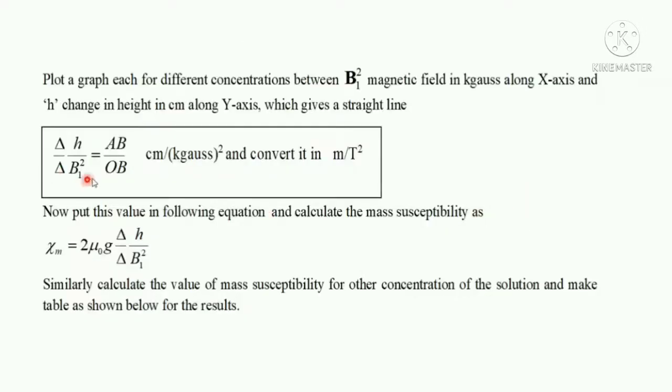We will be plotting a graph for each concentration, with B square along the x-axis and H along the y-axis. The slope would be calculated in centimeter per kilo Gauss square. We have to convert this into meter per Tesla square and then substitute the value in the formula chi is equal to 2 mu naught g into slope.